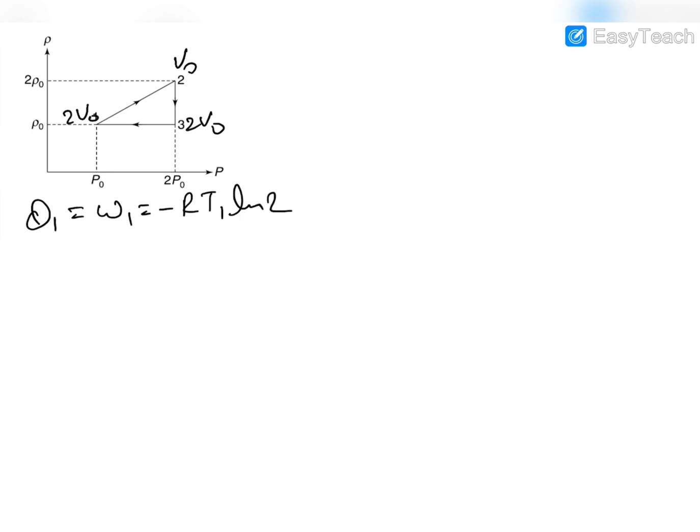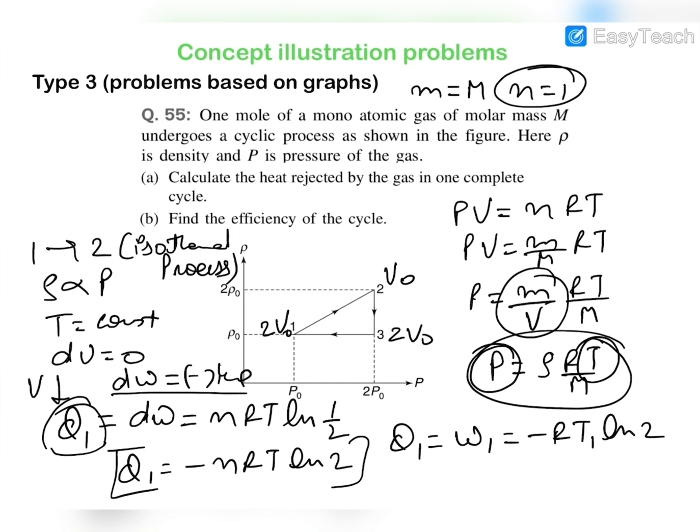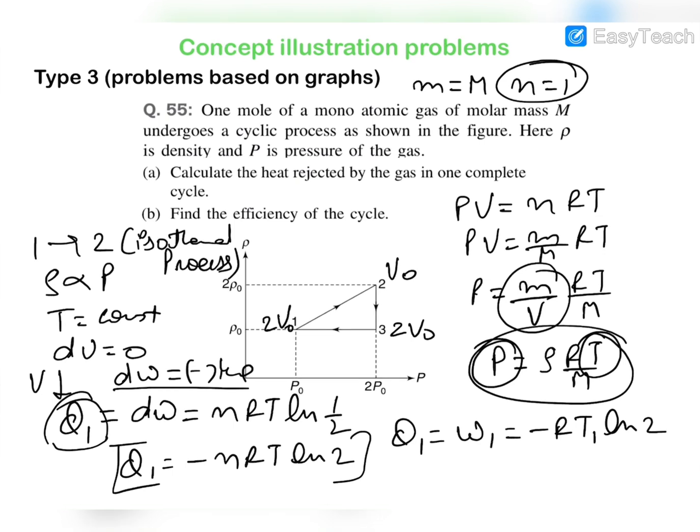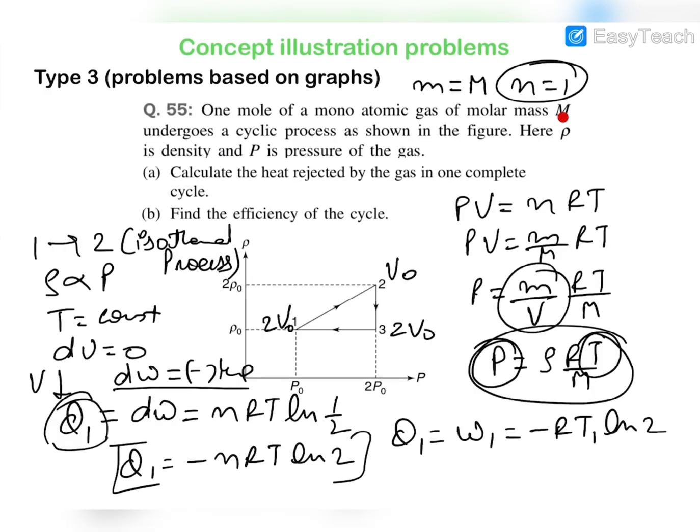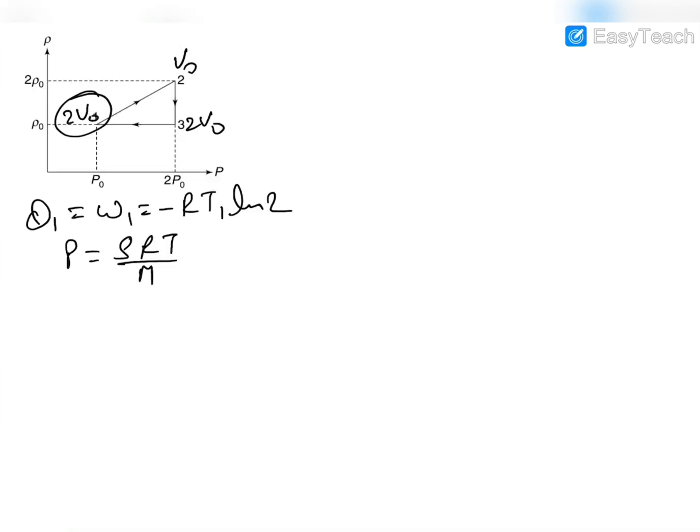Now at this point we do not know the temperature, so we have already created a relation that P is equal to rho RT by M, where M is the molecular mass of the gas, which is given in the question. Now we will use the value of temperature at this point, or either at this point, because it would be the same, because this is an isothermal process.